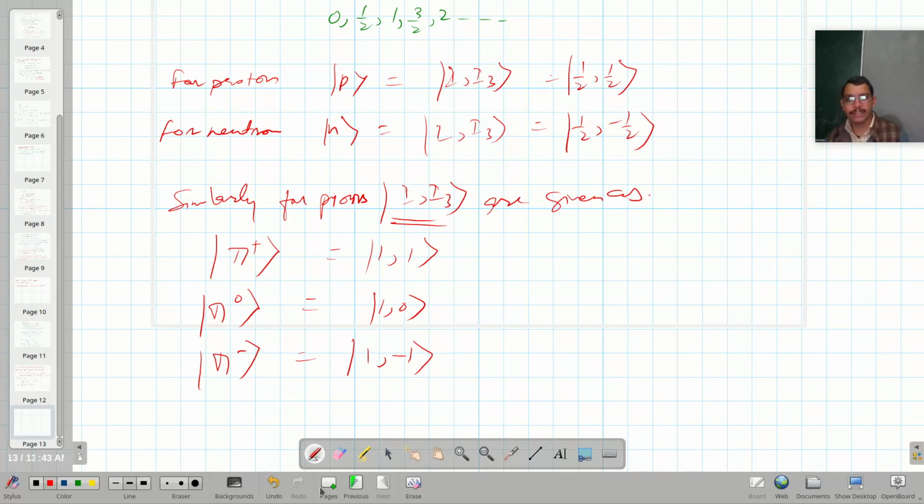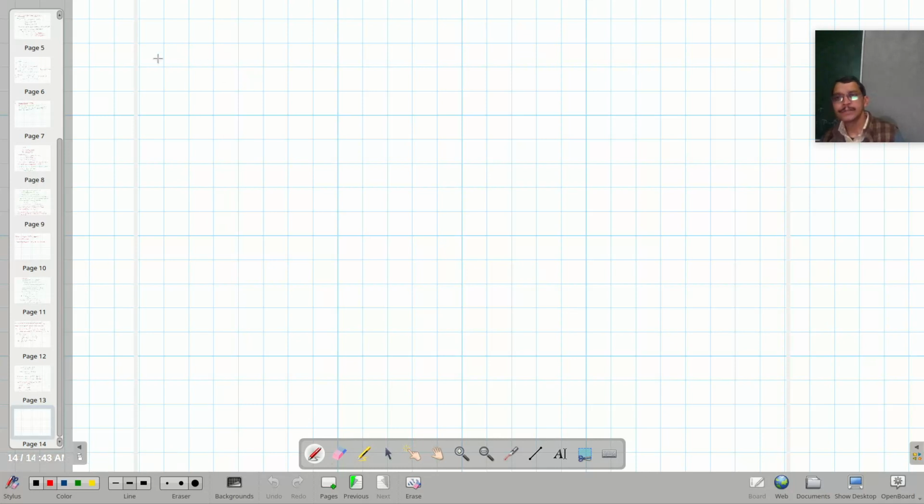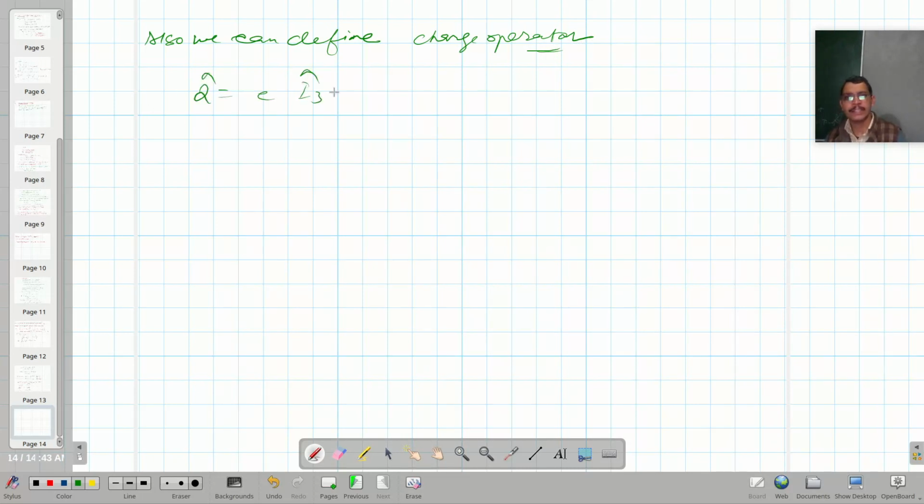Also we can define the charge operator, that is Q is equal to e times I3 plus 1 by 2 in terms of isospin, right?